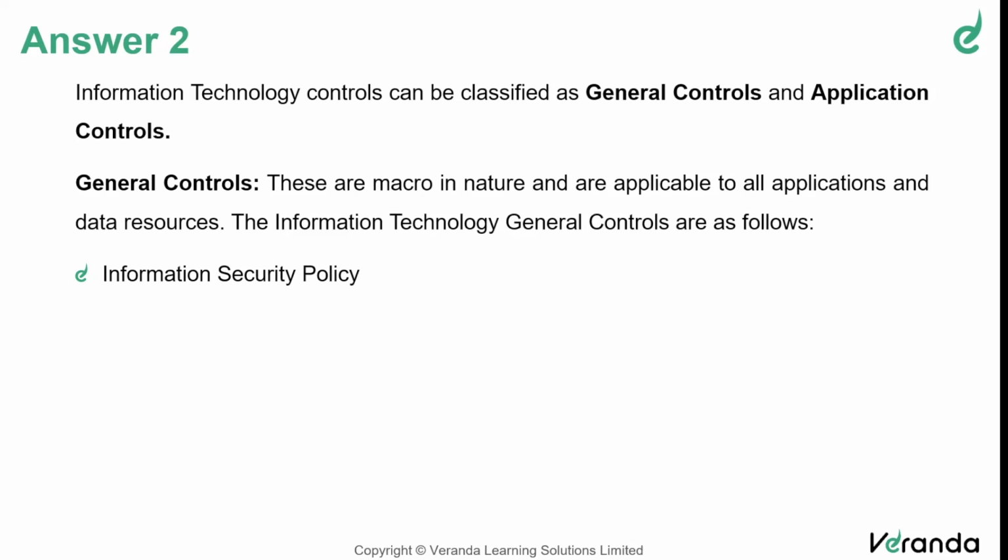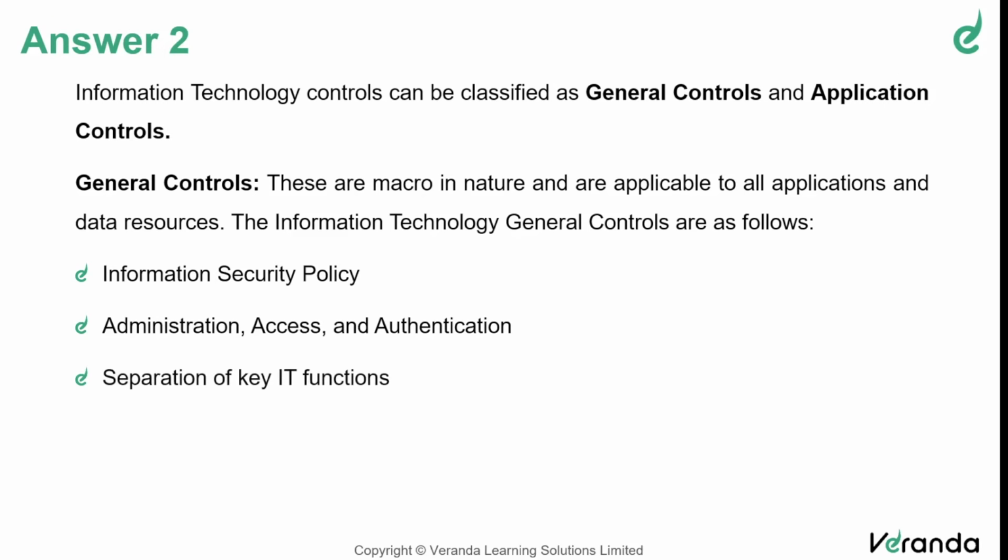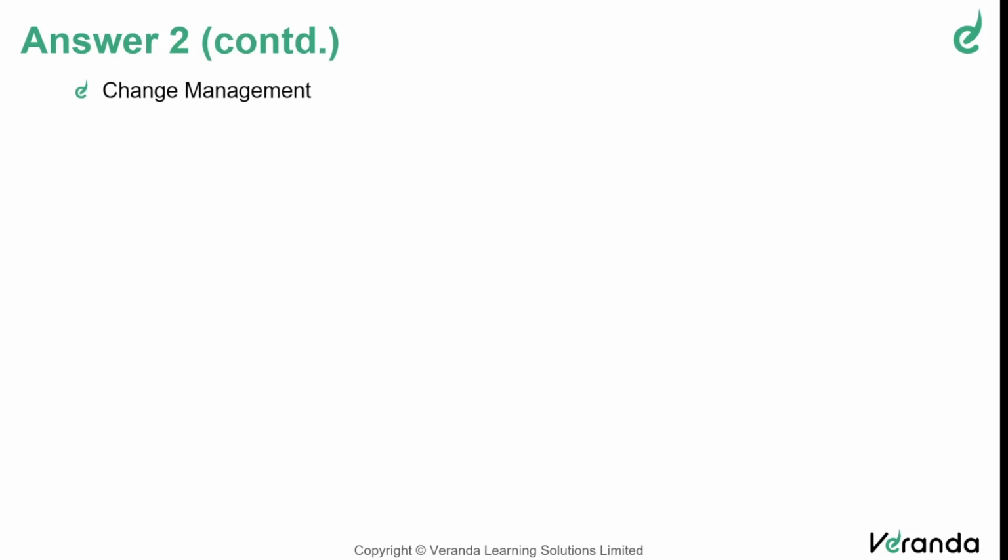So let's try and remember a few points with the story, employees' first day at work. First, there needs to be an information security policy. Third is he will get some access card, so administration, access, and authentication. Fourth is separation of functions. Fifth is he will get a laptop, so management of system acquisition. Change management.